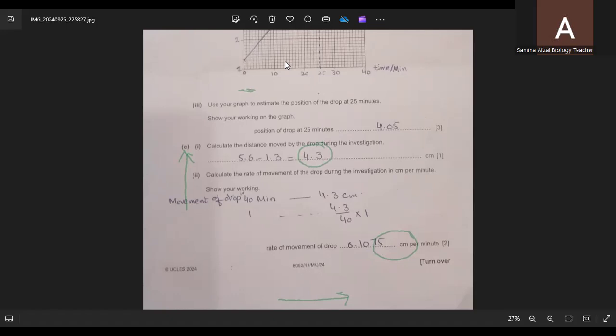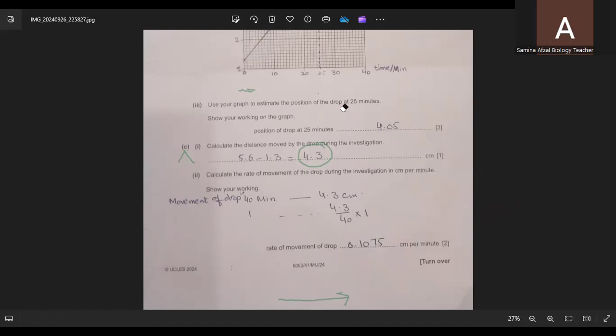The movement of the drop in 40 minutes is 4.3 centimeter, so what will it be in 1 minute? 4.3 divided by 40, and the answer will be 0.1075 centimeter per minute.